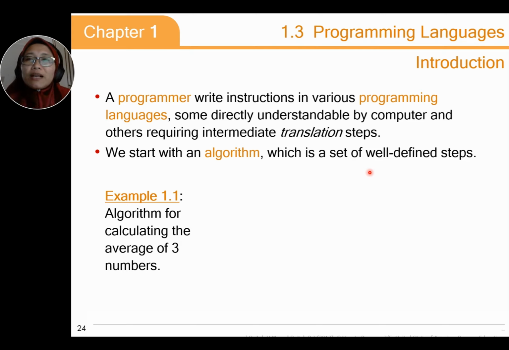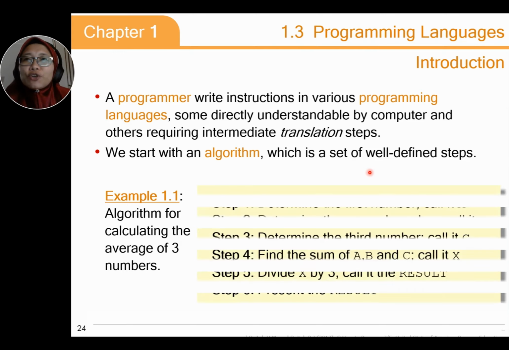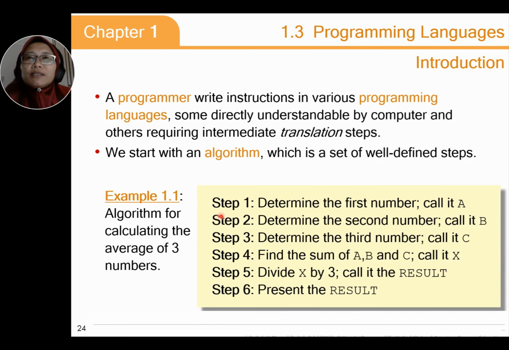This is an algorithm for calculating the average of three numbers. Now let's have a look. Here we see that there are 6 steps, right? And step 1, to calculate the average of 3 numbers, first, we determine the first number. We call it A. Second, we determine the second number. We call it B.